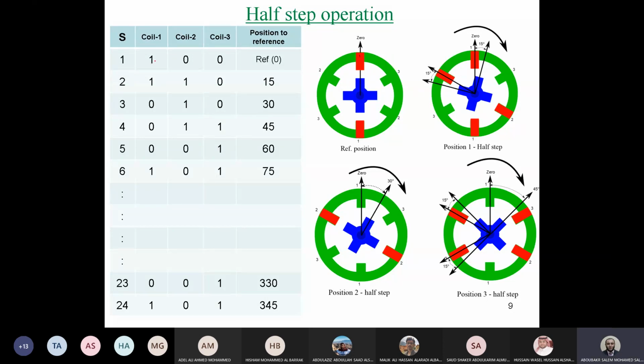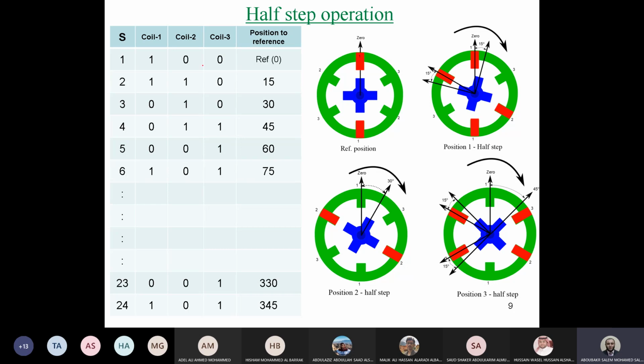We will apply coil number 1, and 2 and 3 will be de-energized. Now, if we would move the rotor a mid distance or mid angle of a full step, we should apply two coils energized at the same time.